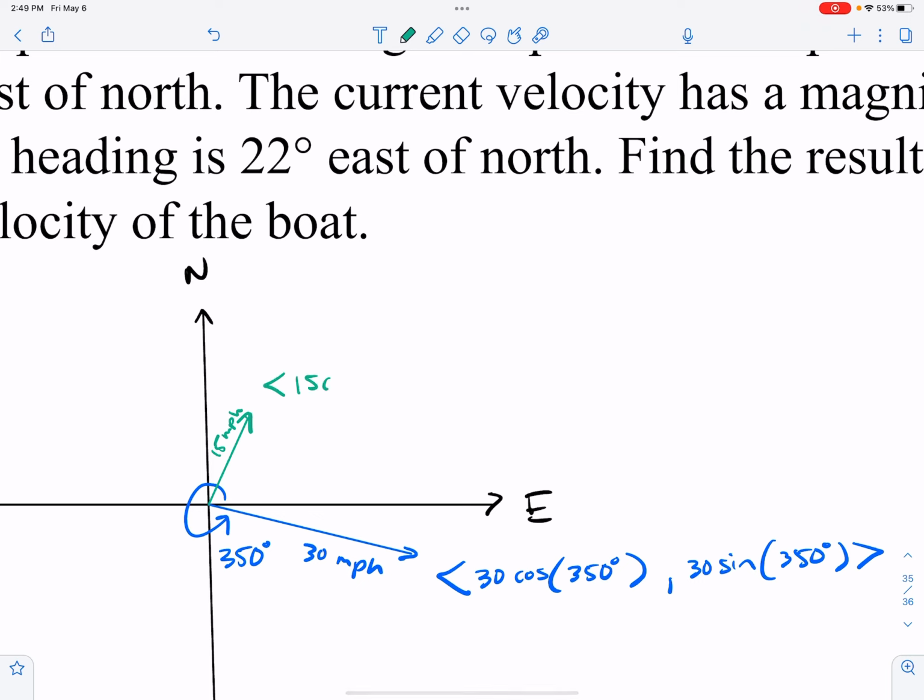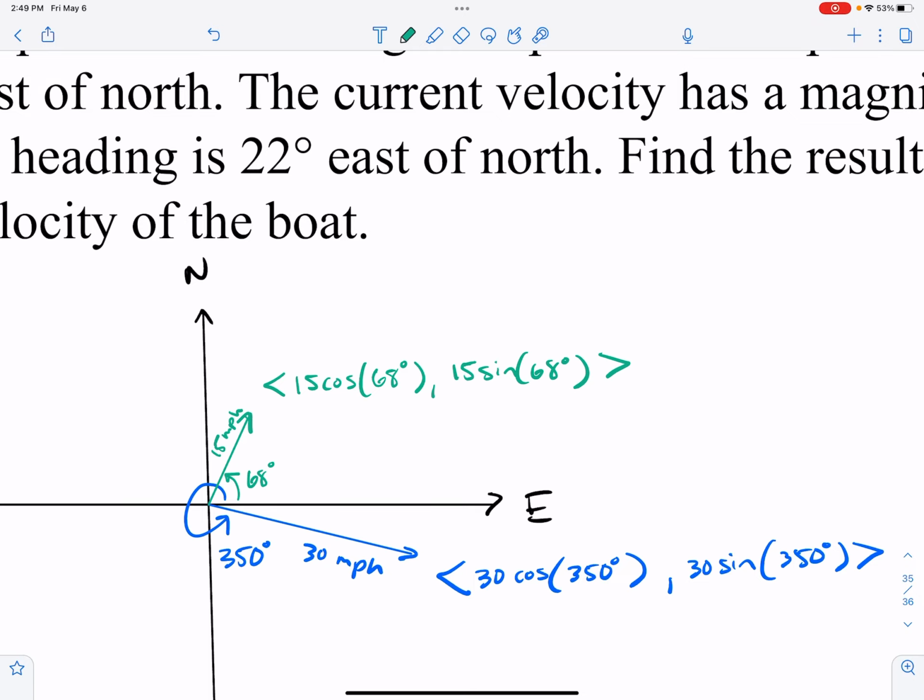So 15 cosine of the direction angle, 90 minus 22 would be 68 degrees, right? Because I want the angle in standard position. I don't want to use the 22 degrees. So 68 degrees, comma 15 sine of 68 degrees.